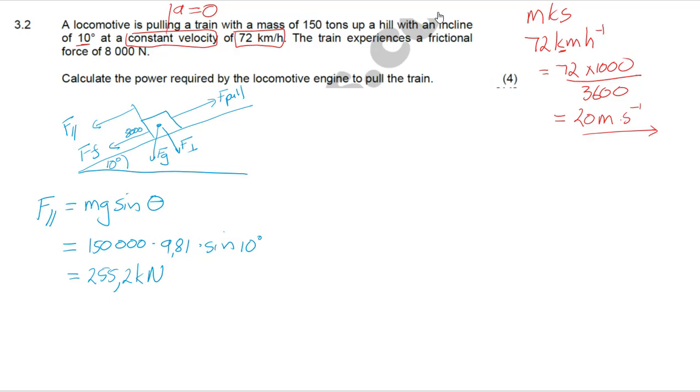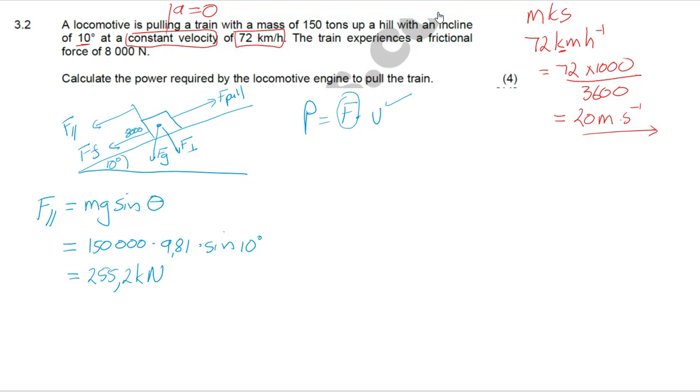So we want the power of the locomotive. There's a force which is pulling the locomotive up. So what do we know about power? We know that power is equal to force times velocity. Did they give us the velocity? Yes, we have it. It's 20 meters per second. Do I know the force that is being used? Well, yeah, we do.